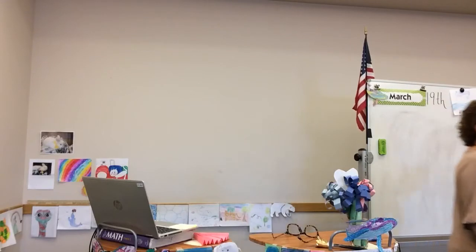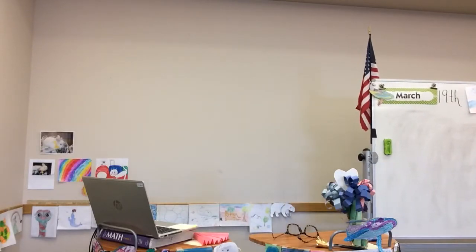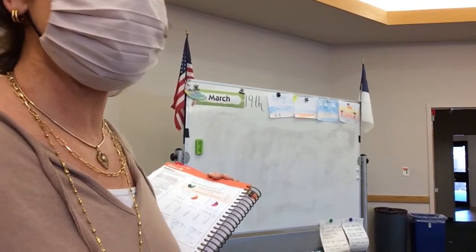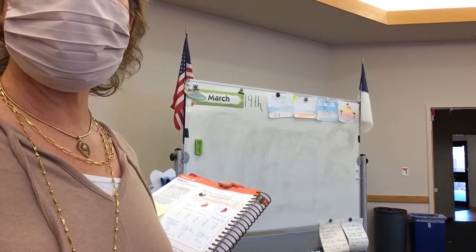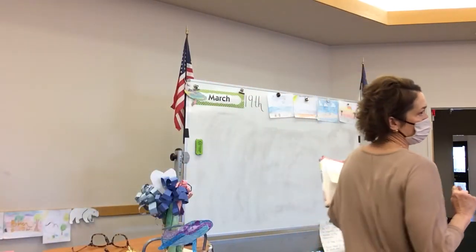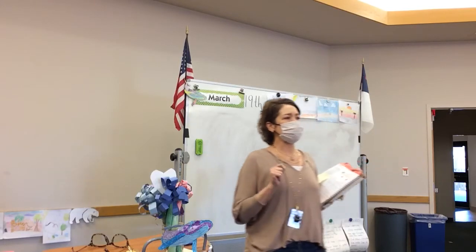Right, but in the fraction, the actual fraction, is it the top number or the bottom number? Helen? The bottom number. So you're going to add the numerator and you're going to keep the denominator the same. When you're adding a fraction, the goal is to always have a common denominator. You always want the denominator the same.